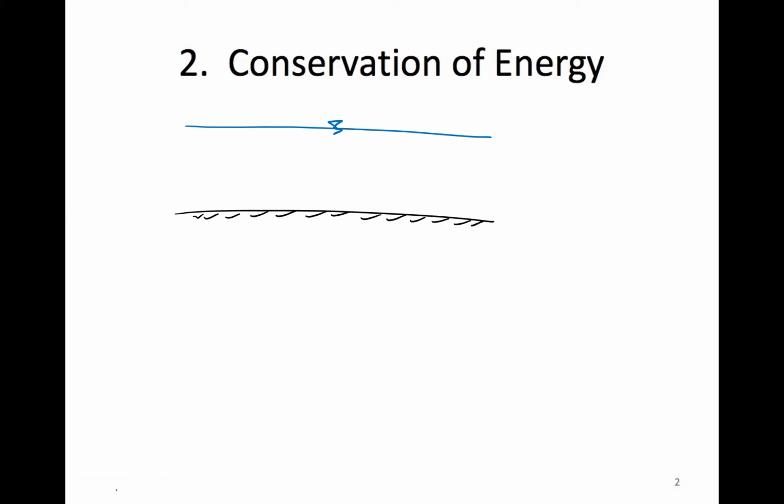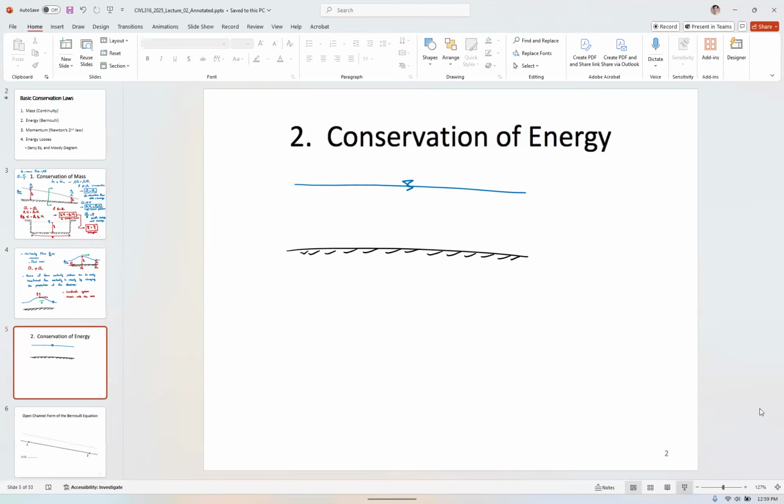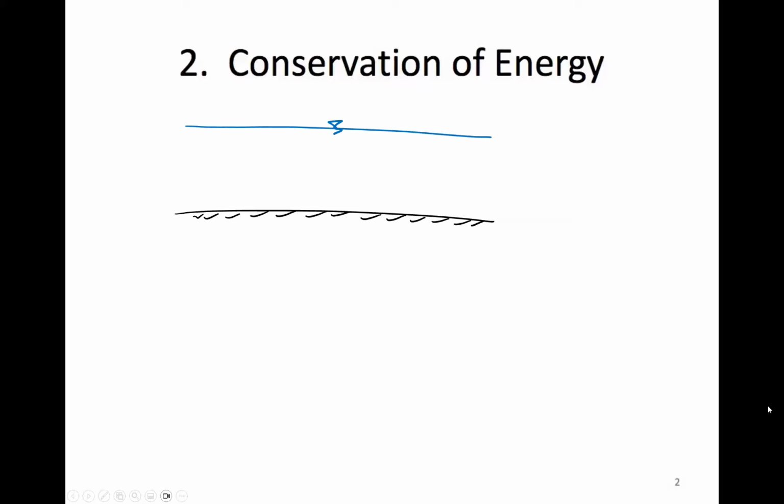I'm going to pick a datum because I'm going to need a datum for the elevation, remember? So I'm going to say this is our elevation datum. Okay. And I'm going to pick a couple of sections. Let's say section 1 or point 1 somewhere here is located at an elevation of Z1. Another point farther downstream at an elevation of Z2.